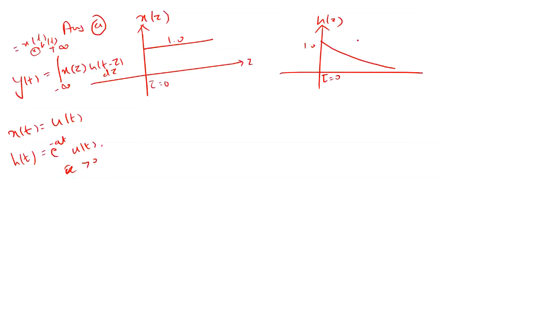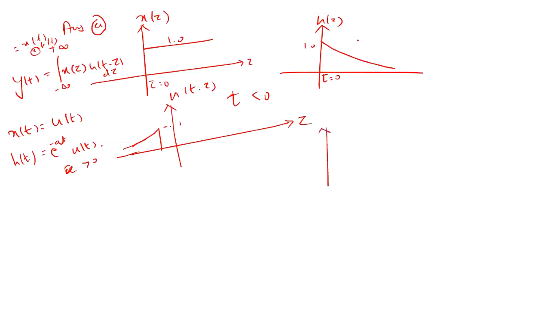Now we need h(t minus tau). How do we draw h(t minus tau)? We consider both cases. If we consider t less than 0, then it is like this.